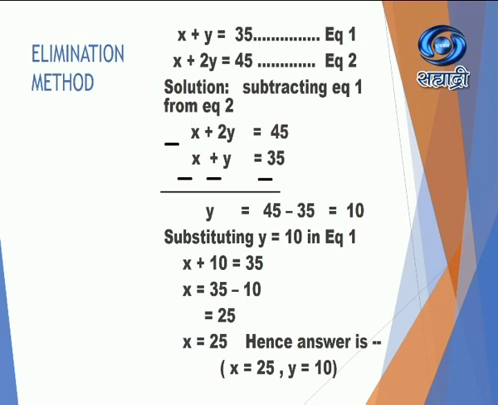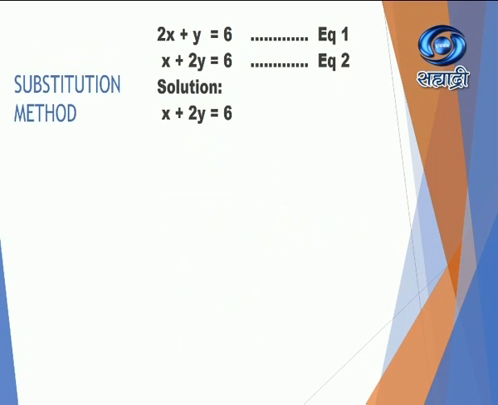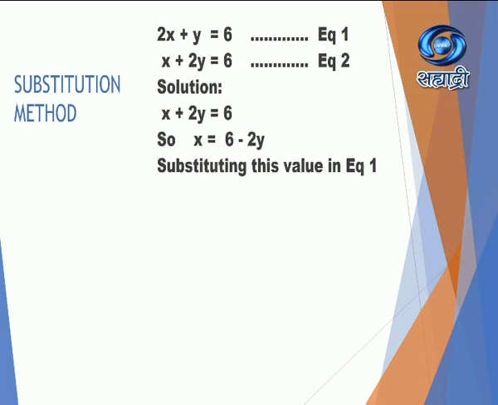One more method you must be remembering that we have learned is the substitution method. Here also we have two equations, 2x + y = 6, which I have labeled as equation 1, and x + 2y = 6, that is equation 2. Now for the substitution method, I have chosen equation 2, that is x + 2y = 6.